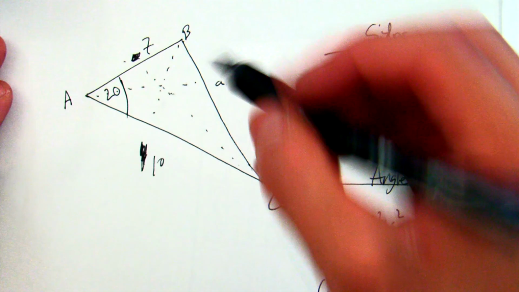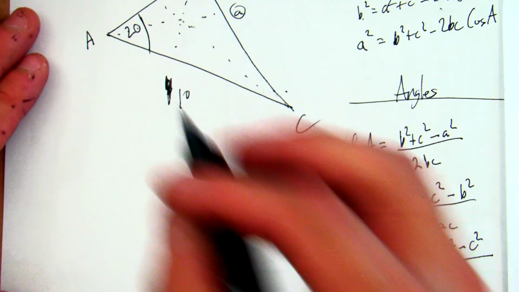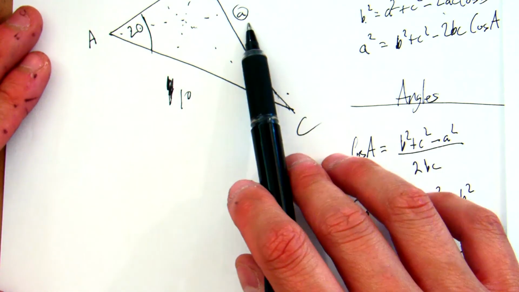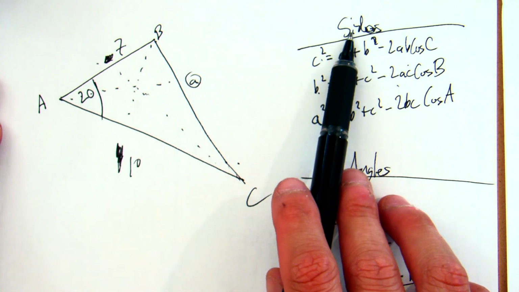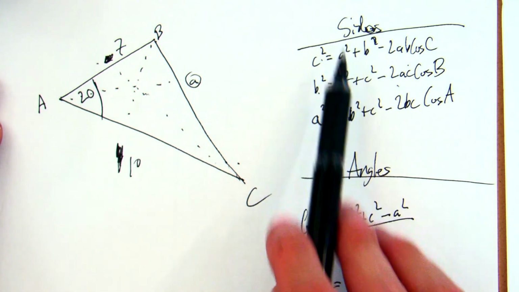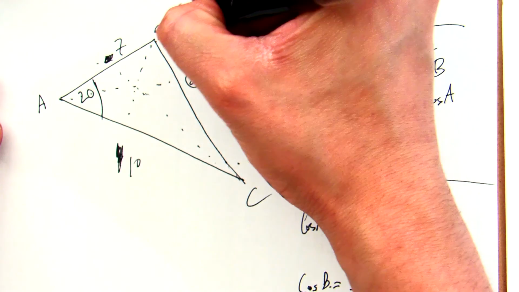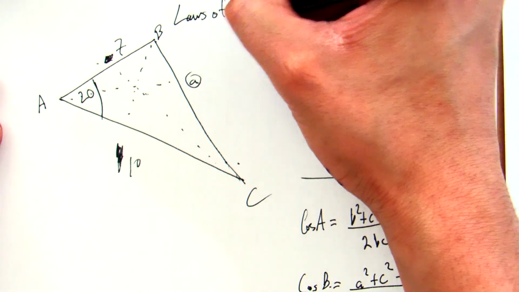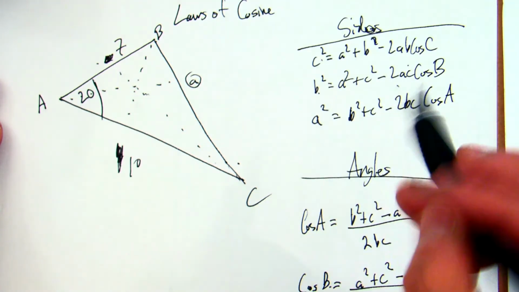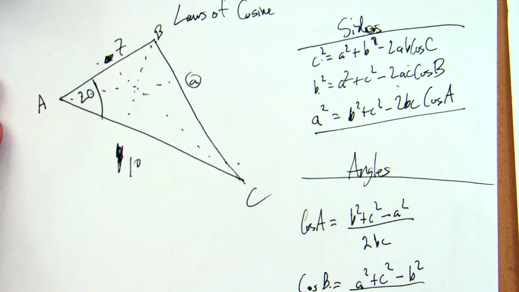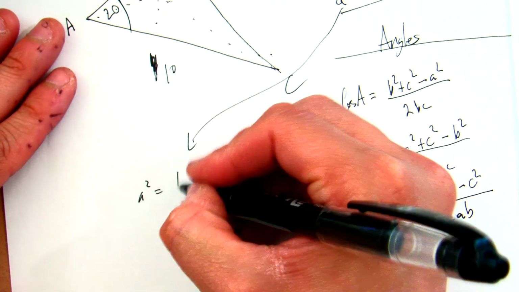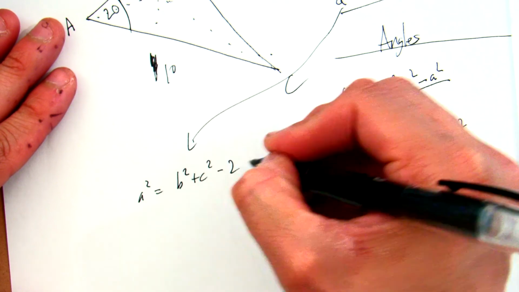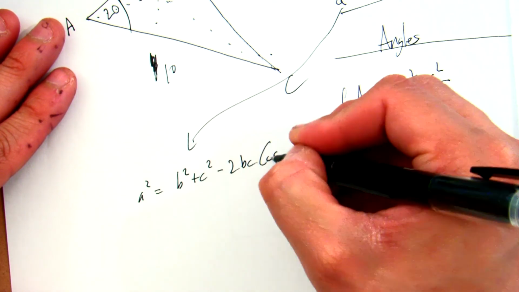So the first thing, if you notice, is I need to find little a. And it's a side, right? So what am I going to use here? I'm going to use the side formula from the laws of cosine, all right? And basically we're going to use this one. Why? Because a is solved for. So I'm going to rewrite it here. a squared equals b squared plus c squared minus 2bc cosine of a.